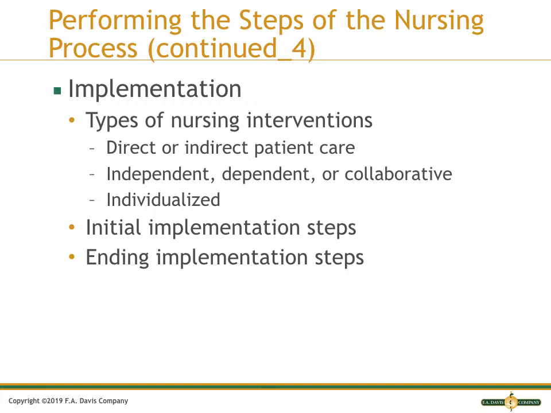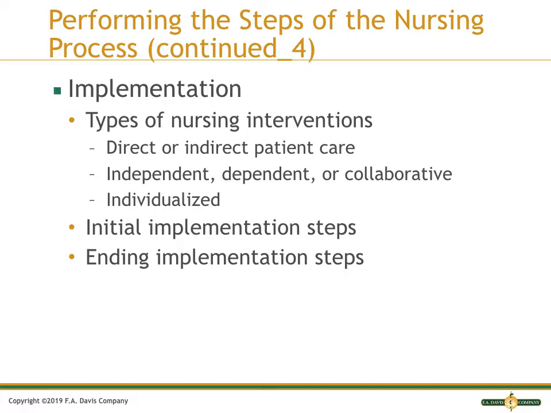And then make any assessments needed to ensure that the patient still requires the procedure and is able to tolerate it. So that's going to be especially for things like suctioning a trach. You're always going to auscultate the lungs and make sure that they actually need it before you just go and do it.